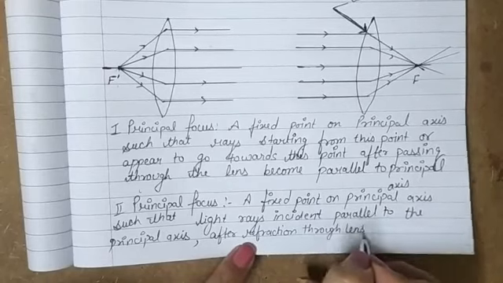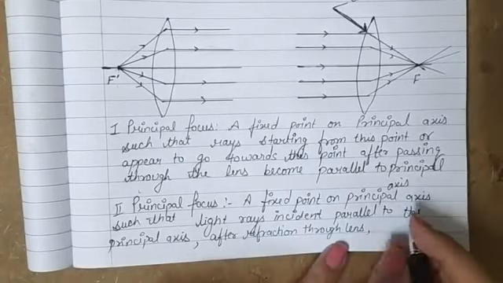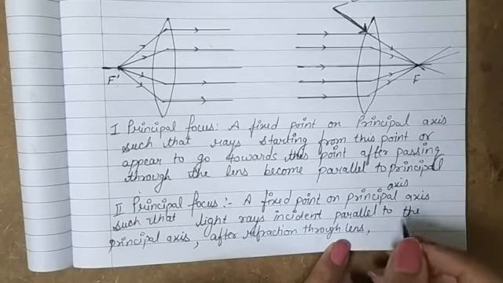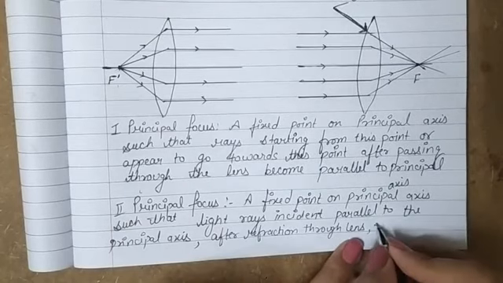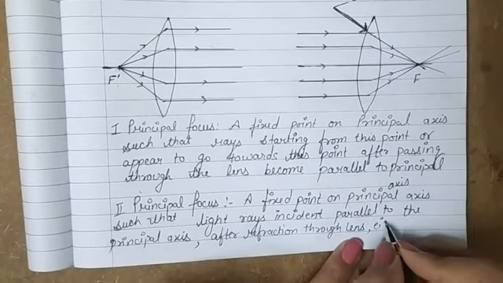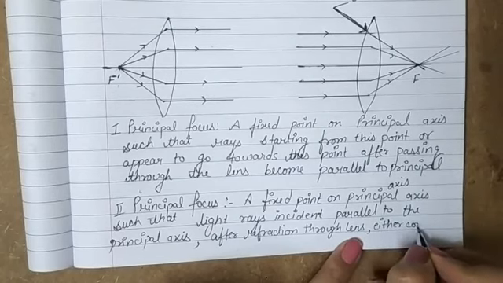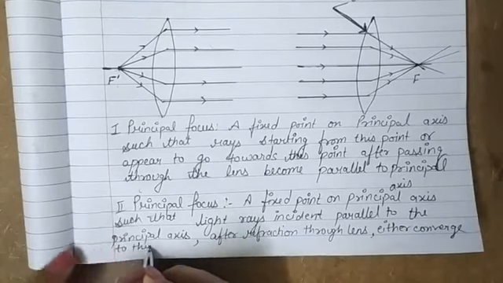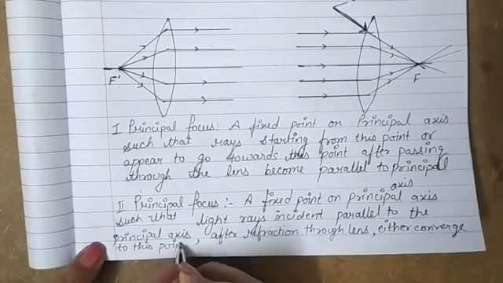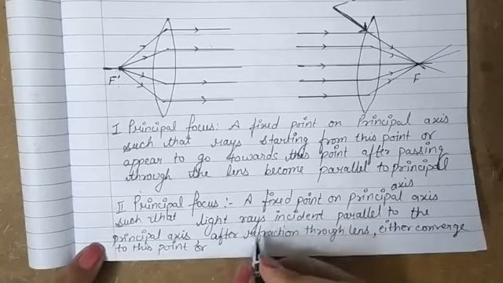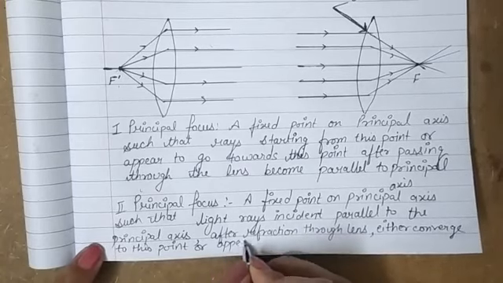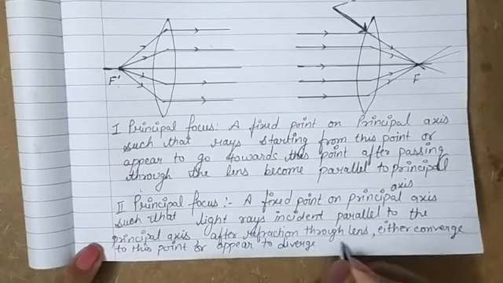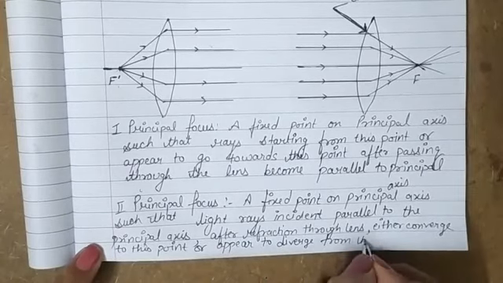Again there will be two phrases, one for convex, other for concave. So after refraction through lens, either converge to this point, or appear to diverge from this point.